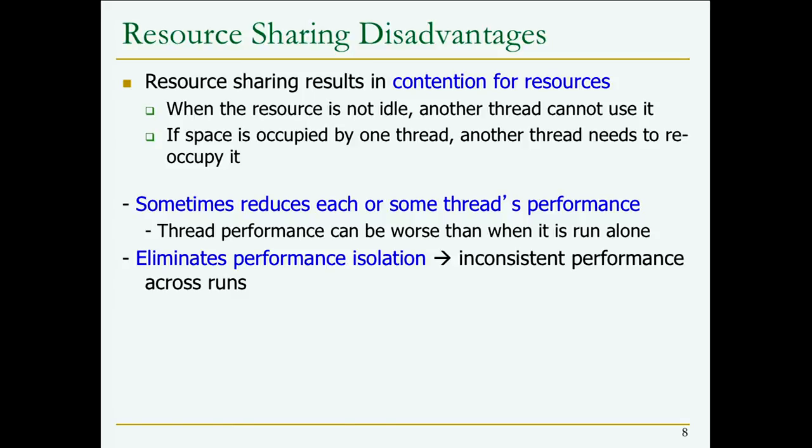For example, if you put a video server together with a mail server and many other things, the video server has strict latency and bandwidth requirements from the user. If you don't guarantee that in your data center, in all of your resources, you may actually get unhappy customers. So thread performance depends on the co-executing threads, the other threads that are running, and their interference patterns.